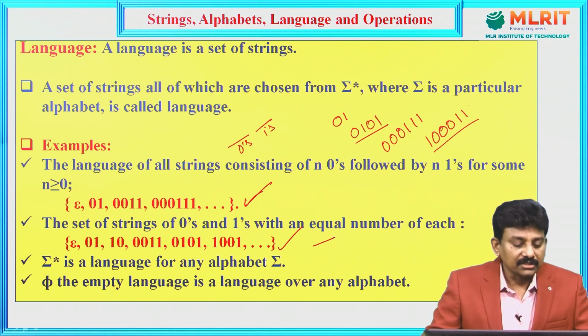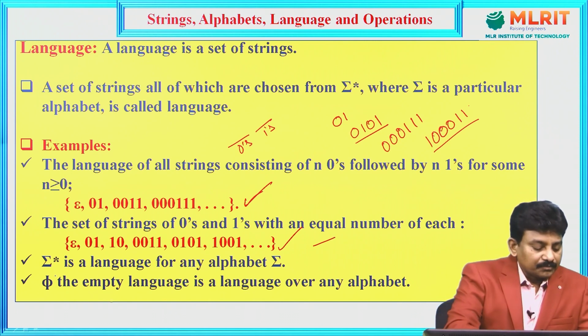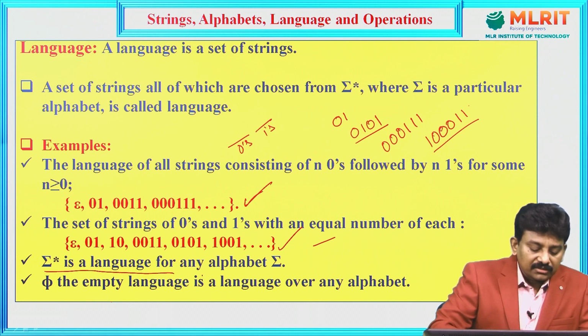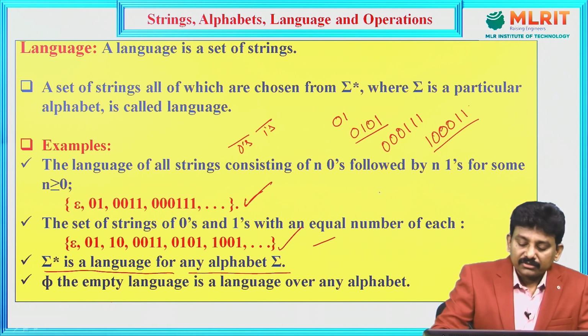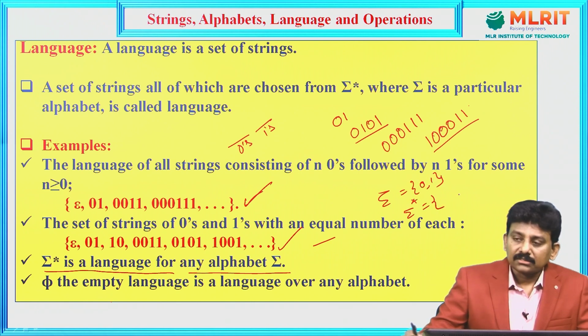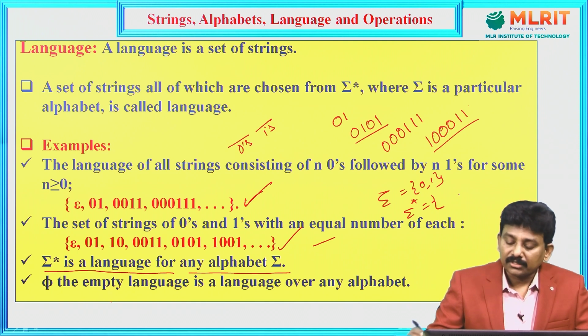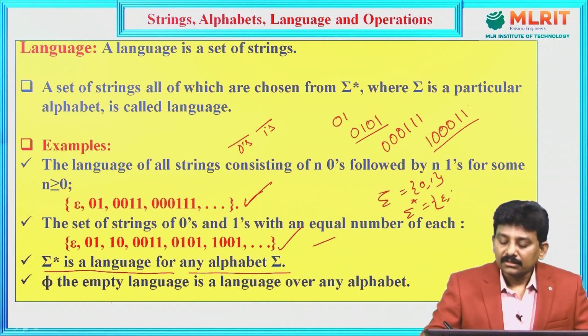A language is a set of strings. Sigma star is a language for any alphabet sigma. If sigma is the input alphabet 0, 1, sigma star is the set of all strings of all possible lengths including epsilon, that is, epsilon is there, strings with length 1 are there, strings with length 2 are there, strings with length 3 are there, and so on.